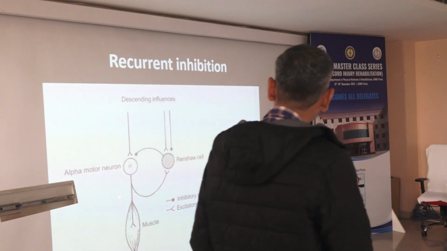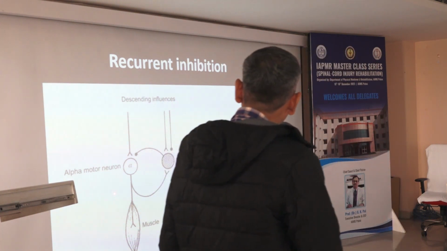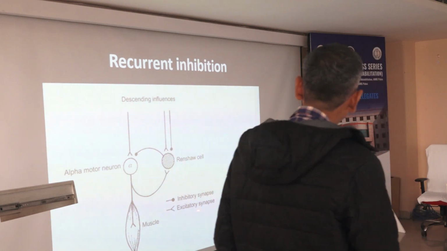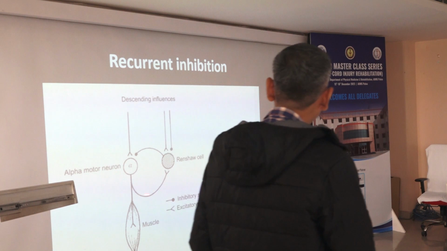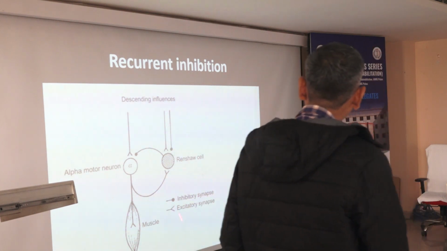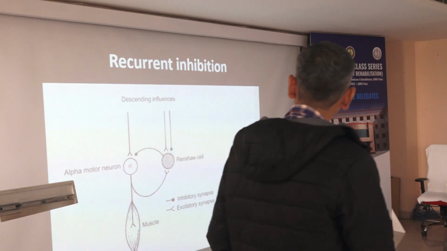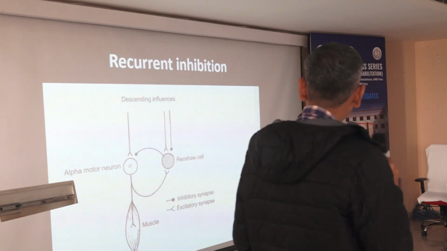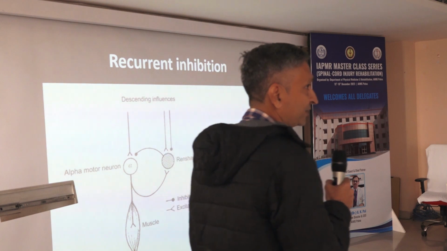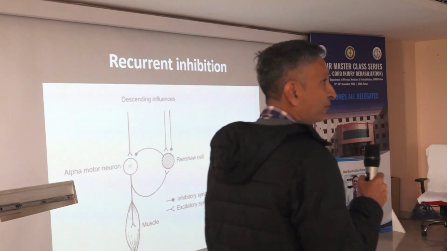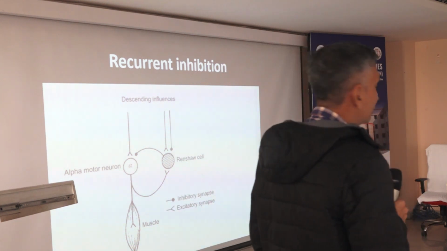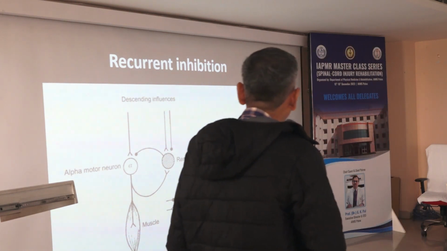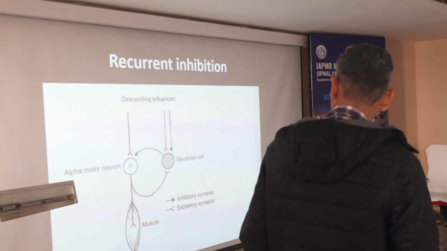So it will inhibit the agonist muscle, and also through another interneuron it will produce contraction of the antagonist. So this Renshaw cell action is mainly to produce a focused action. That is, it will give a precise movement to the muscle. So that is the action of the Renshaw cell. So Renshaw cell inhibition occurs in spinal cord injury.